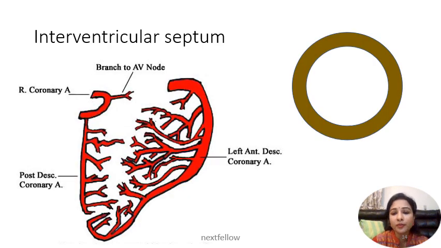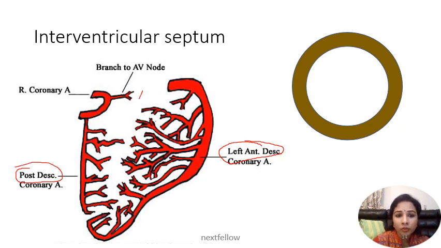This is a beautiful diagram showing the blood supply of the interventricular septum. Here is one artery, the anterior interventricular artery, which is also called the anterior descending artery, and here is the posterior interventricular artery, which is called the posterior descending artery.